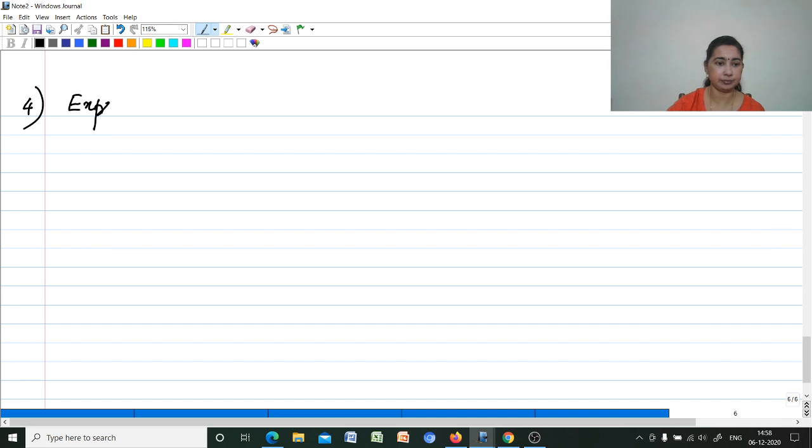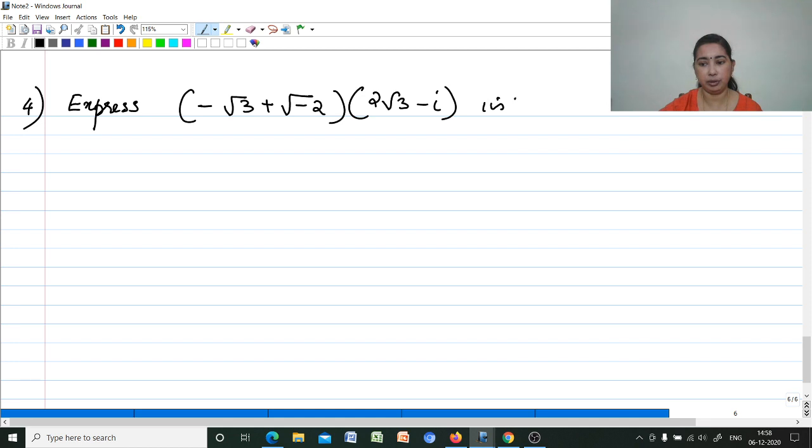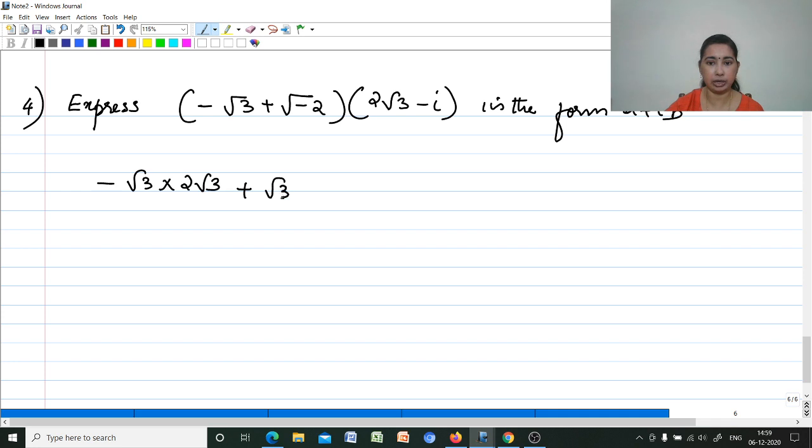Express minus root 3 plus root of minus 2 into 2 root 3 minus i in the form a plus ib. So we have to open the bracket: first term into first term, that is minus root 3 into 2 root 3, then first term into second term plus root 3i, second term into first term, that is plus root of minus 2 into 2 root 3.